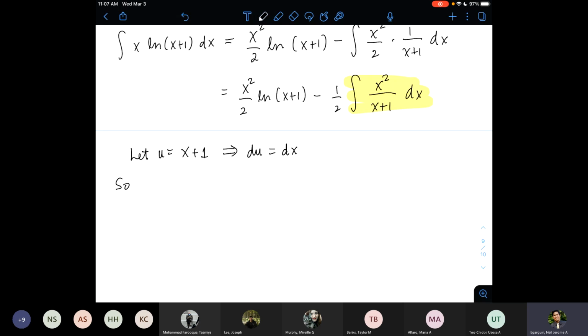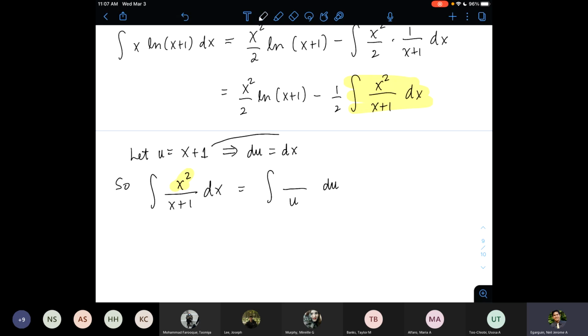So this guy, let me just copy this over. x squared over x plus 1 dx can be rewritten as, okay, we'll have a du here. x plus 1 will just be u. But look at this. We still don't have the right substitution for x squared, right?